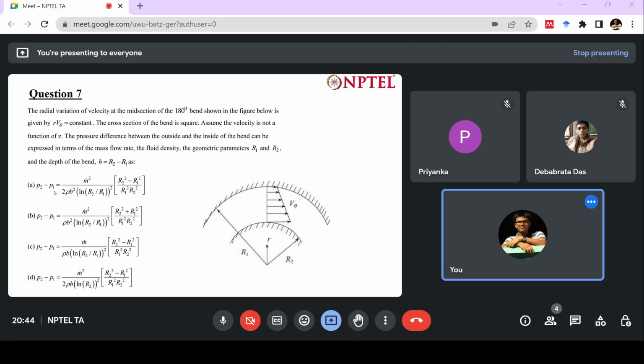Assume the velocity is not a function of z. What we have to find out is the pressure difference between the outside and the inside of the bend.